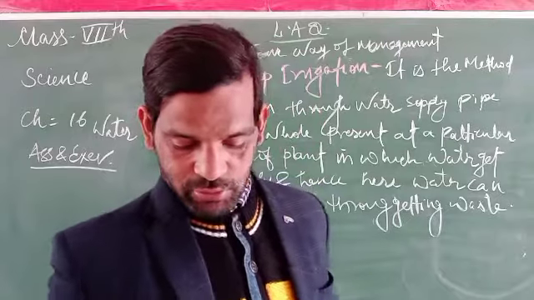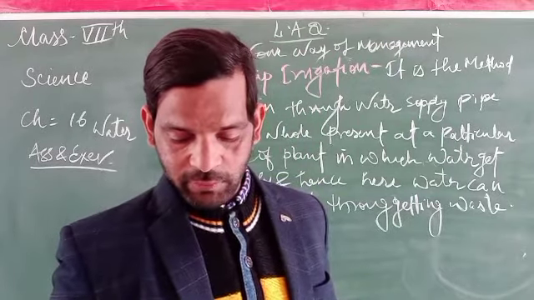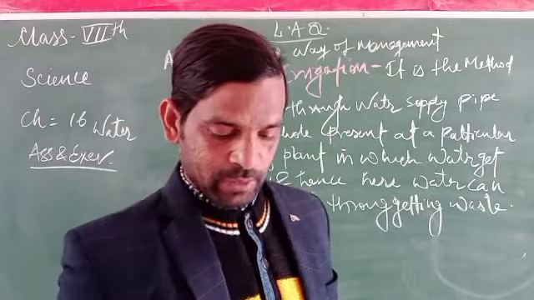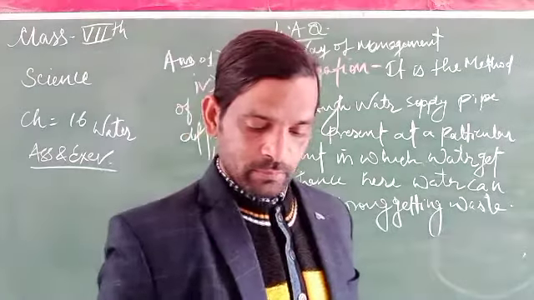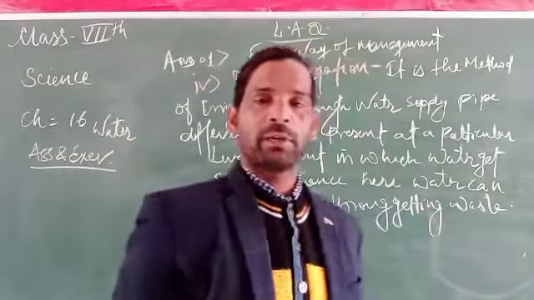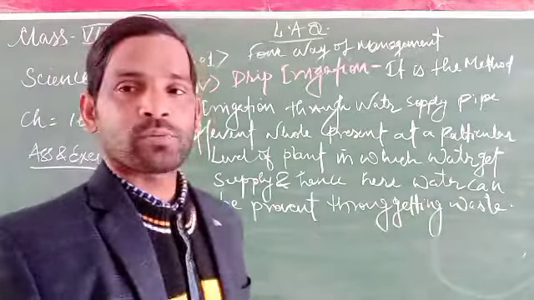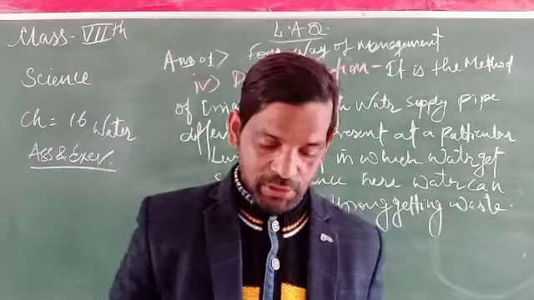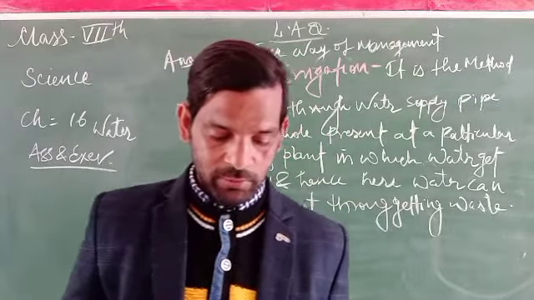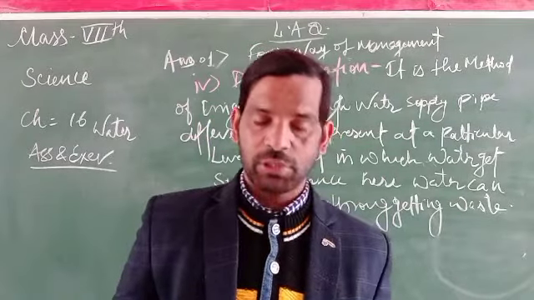Now there is question number 2, given as: explain the factors responsible for the depletion of the water table. The depletion of water takes place by means of increasing population, increasing industries, uneven distribution of rainfall, deforestation and global warming.